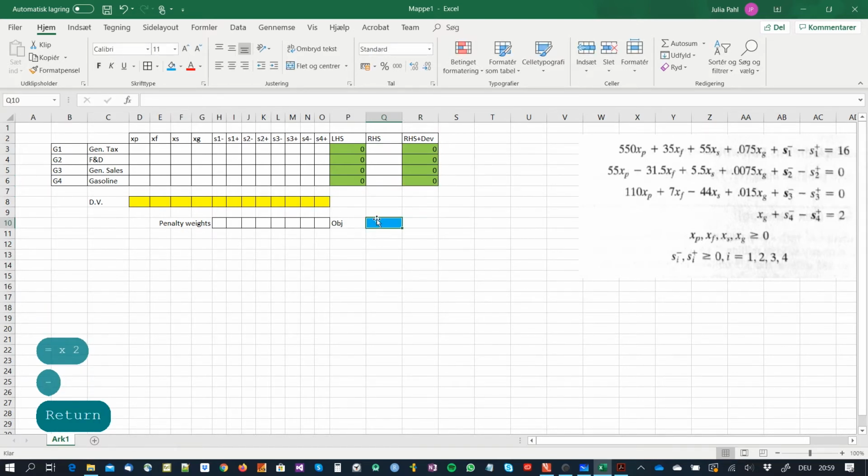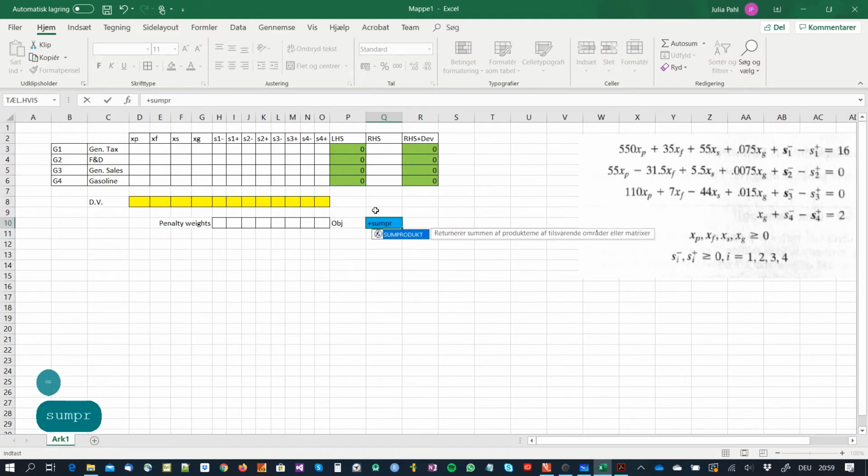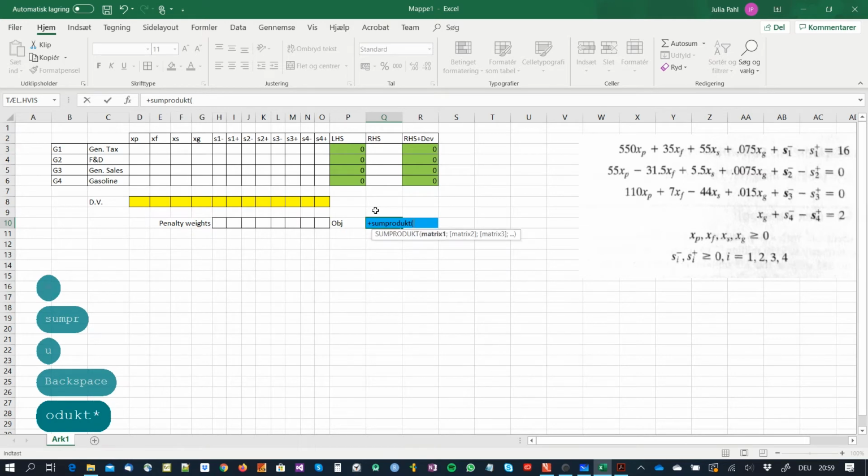Okay, and now we need the objective, which is in our case, when we use the weights method, that the sum product of the decision variables and the penalty weights should be minimized. So it's sum product of the variables multiplied by the penalties.